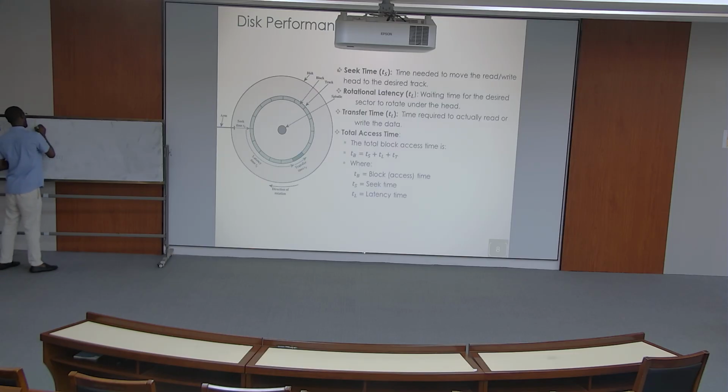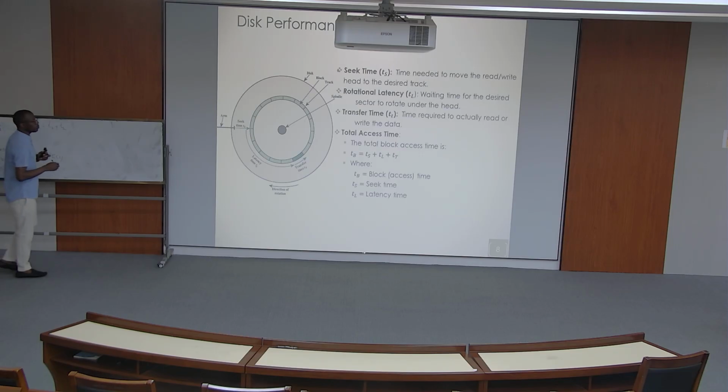The total block access time is equal to the seek time, the time the disk requires to move the head to the desired track, plus the rotational latency, the waiting time for the desired sector to rotate under the head.